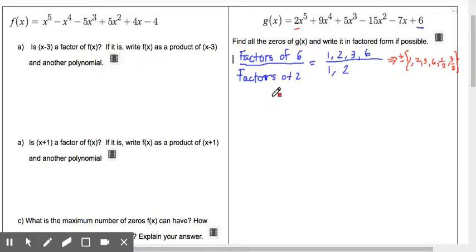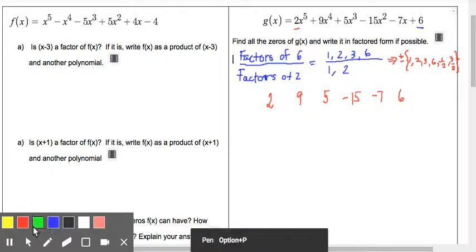So we'll just start with 2, then 9, 5, negative 15 is next, negative 7, and positive 6. So again, this number is from here, 9 is here, 5 is from here, negative 15 from this term, negative 7 from this term, and 6 from this term.